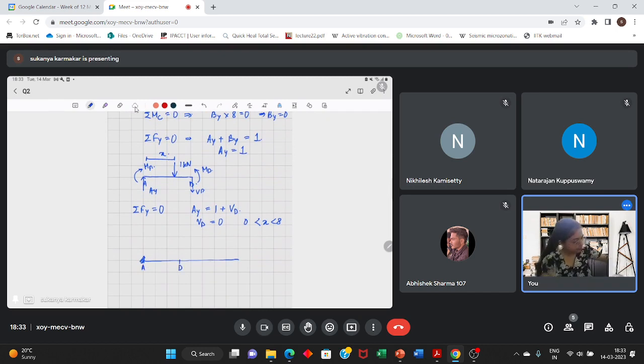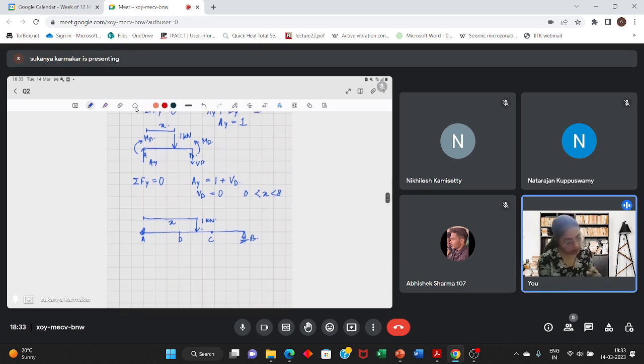D, C, P. The unit load is lying here. This is x. This is 1 kilonewton. Fine. Now, again, calculate By.